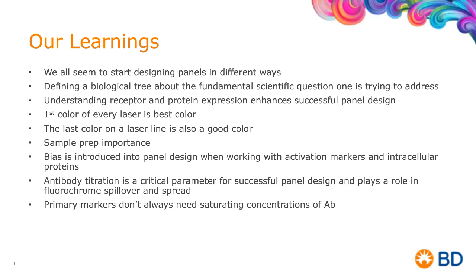But there's an impact when we do that. It actually can be a positive one because we're reducing the amount of that color on a specific cell. But we're not saying dilute every antibody. For some, we can do it based upon what our goal is, and for others, saturation is critically important.